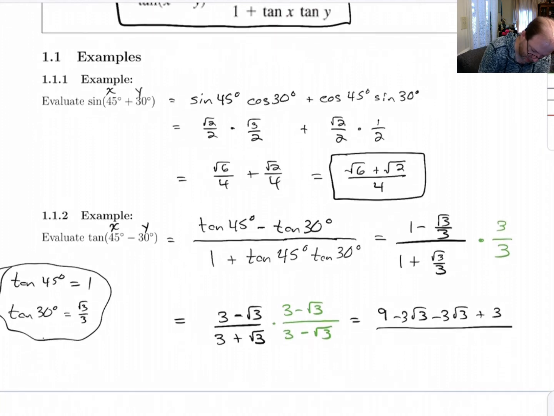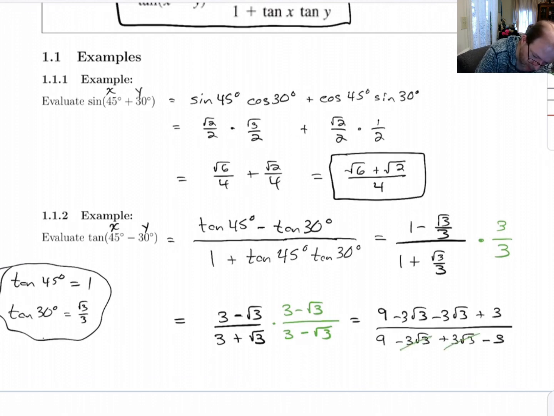Then downstairs, you get 9 minus 3 root 3, then plus 3 root 3, and then minus 3. Is that right? Minus 3? Yeah, because when you multiply those together, you get 3, and you got a plus and a minus. Okay, so good stuff happens.